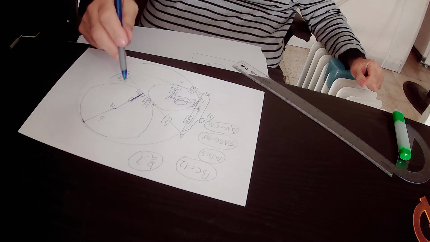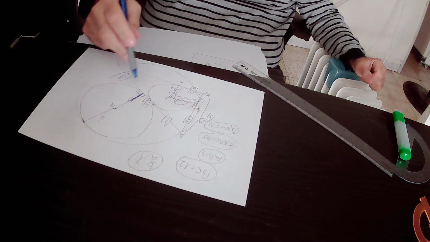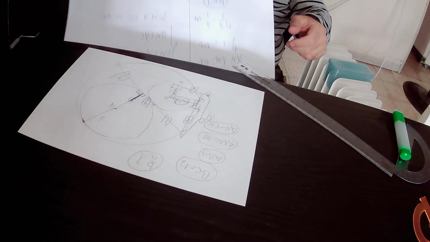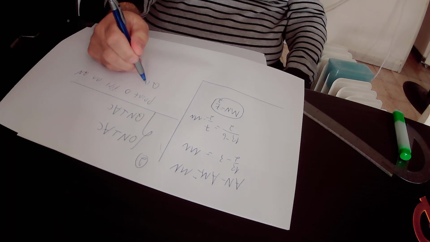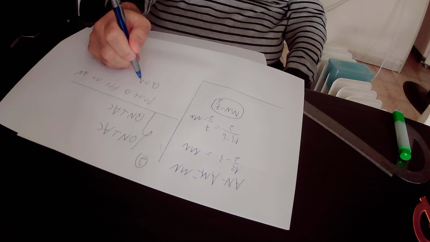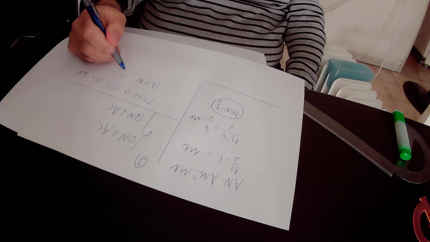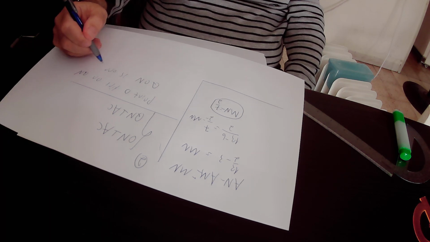Or in other words, QON is one straight line. Line segment QON is one straight line.